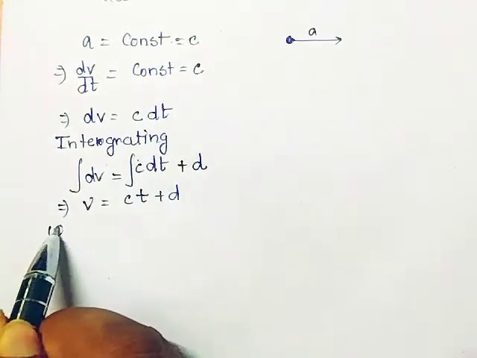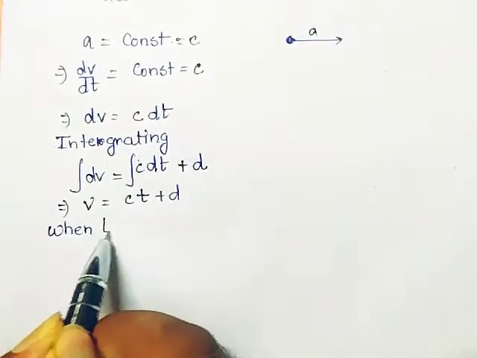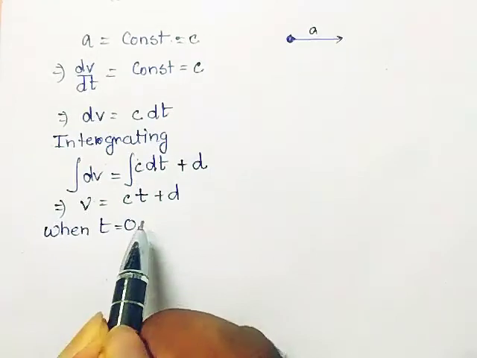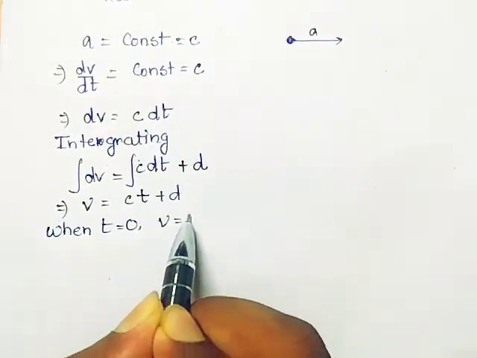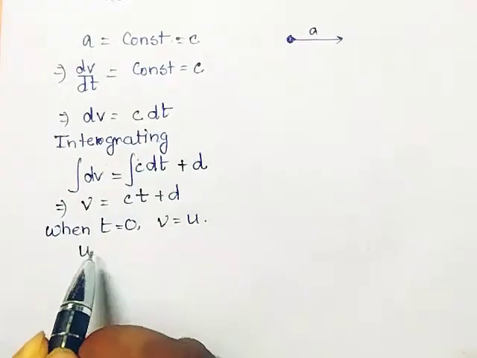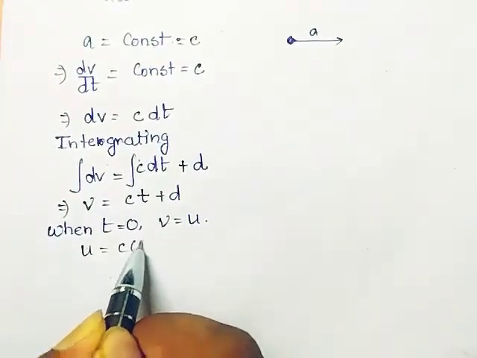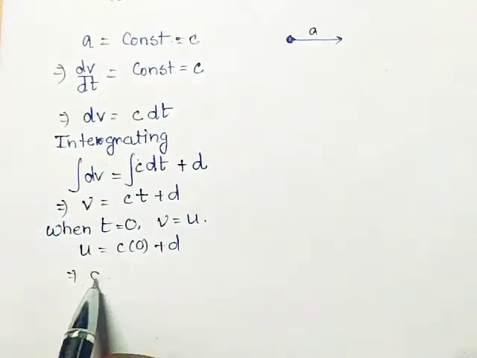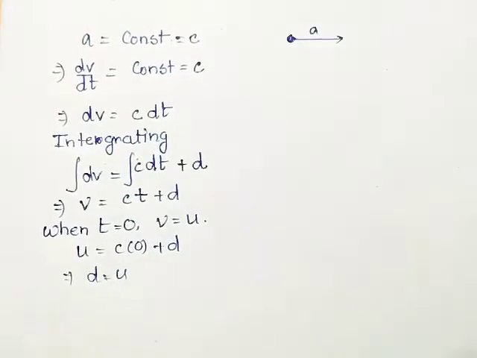The boundary condition is when t equal to 0. When t equal to 0, at that time v equal to u. Initially the velocity of the particle is u. So if I put it, then u equals c into 0 plus d. So from it we get d equal to u.